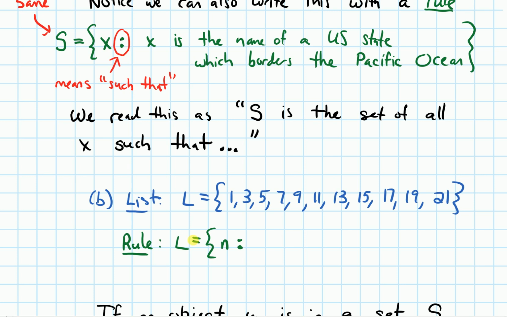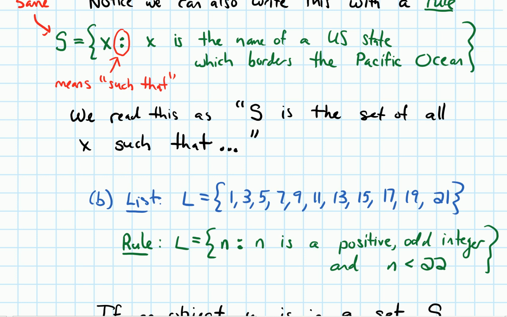So L is the set of all n such that n is a positive, odd, integer, and n is less than 22. So that describes everything that's in this set. Awesome. So these are also the same. They're just two different ways of describing the same set.